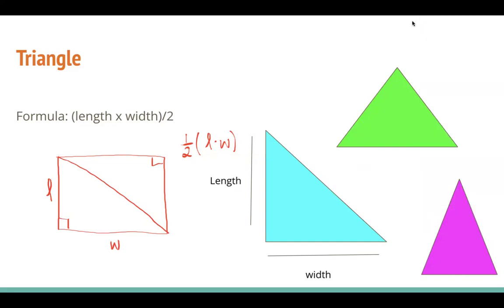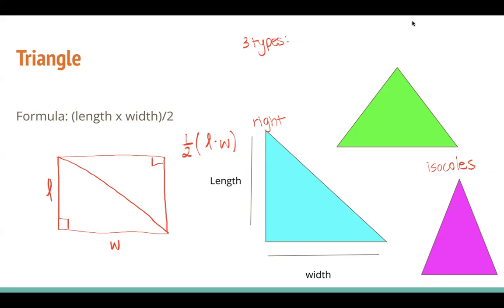Okay. So there are 3 types of triangles. One is called a right triangle. One is called an isosceles triangle. Yeah, I've heard that before.